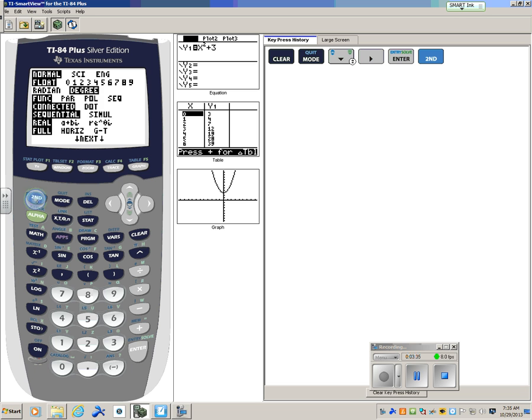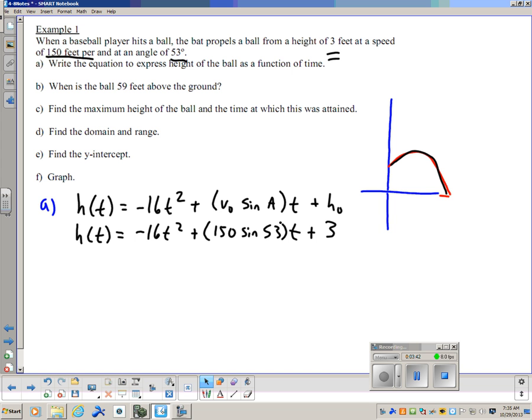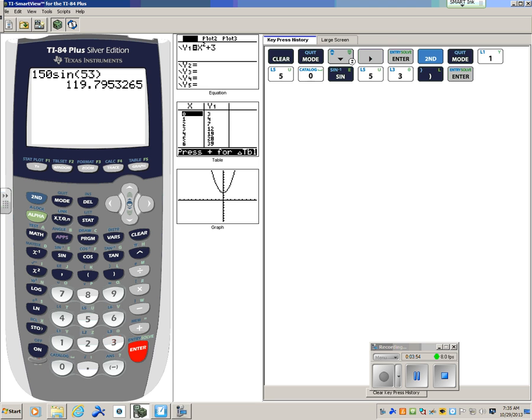I'm going to do second quit to get out of that. All right, so if I put in my values there, 150 sine 53, I get about 119.8. So I'm going to plug that value in there.